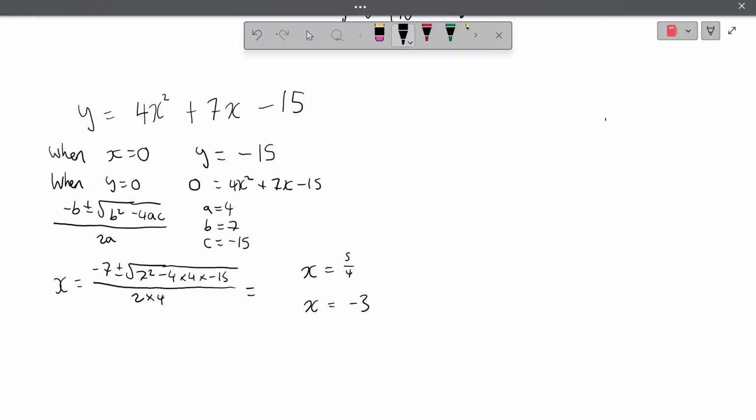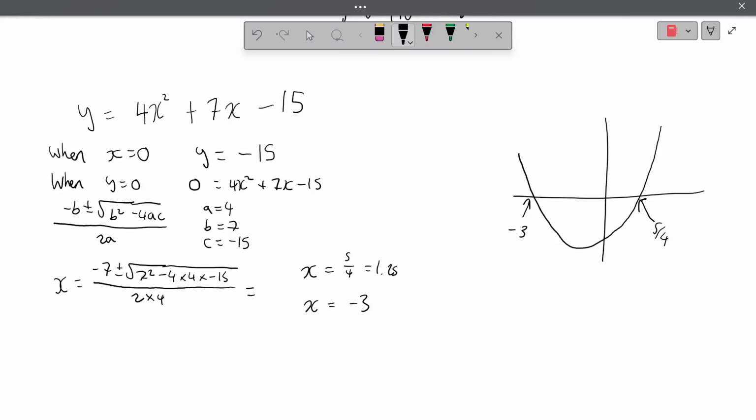So we already can then have our little axes. It's going to be something like this, where it's going to be a minimum point on the other side. This point here is 5 over 4, and this point here is minus 3. What about for the minimum? So the minimum is the midpoint of 1.25 and minus 3.